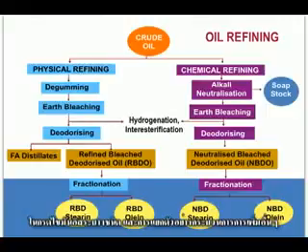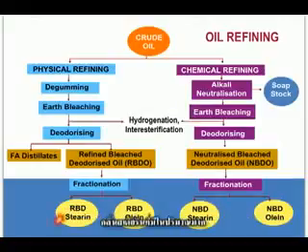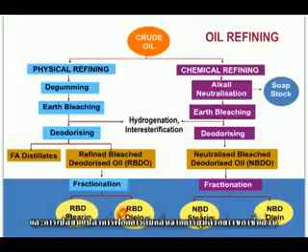And the other modification process, for example fractionation, can be done on the refined oil to produce the refined bleached deodorized stearin fraction, which is the high melting fraction, and refined bleached deodorized olein, which is the low melting fraction.